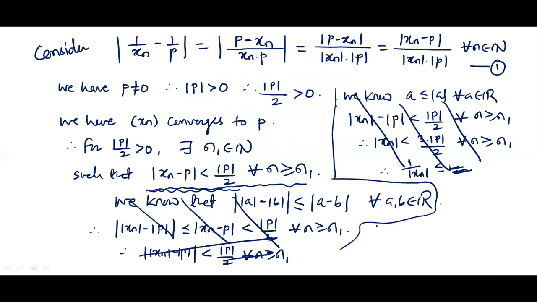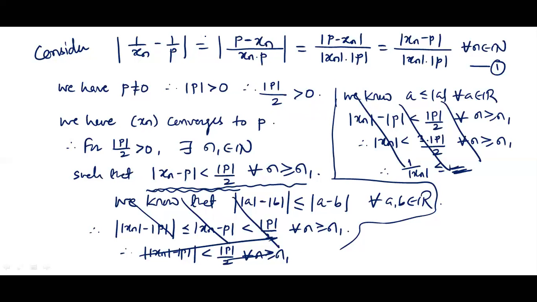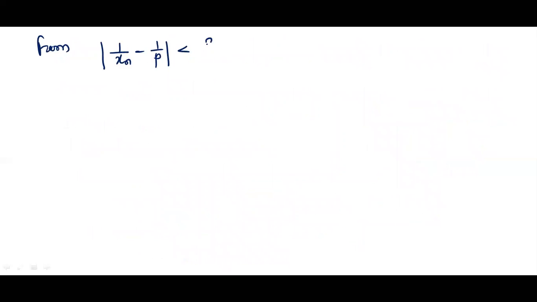Therefore, from 1 we can write mod of 1 by xn minus 1 by p is strictly less than 2 by mod p square into mod of xn minus p, and here it is true for n greater equal n1.